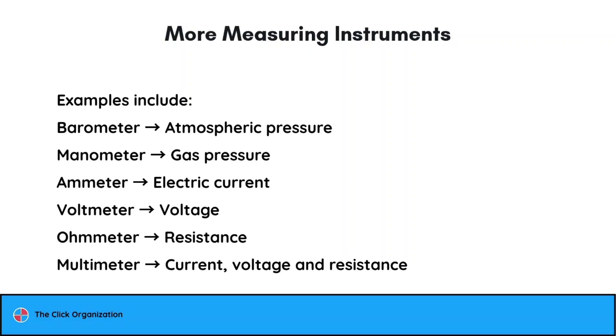An ammeter measures electric current. A voltmeter measures electric potential difference, which we call voltage also. An ohmmeter measures electrical resistance. A multimeter combines all three functions, allowing us to measure current, voltage, and resistance. Are commonly used in laboratories and electrical experiments.